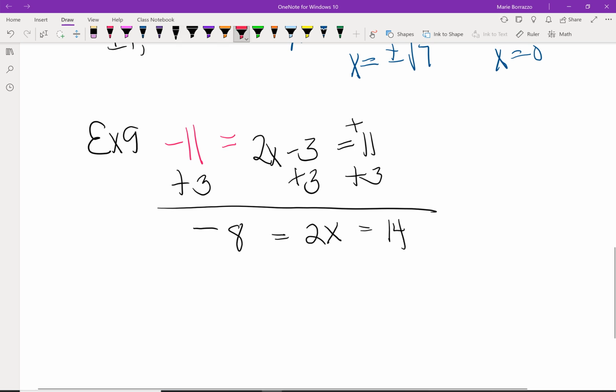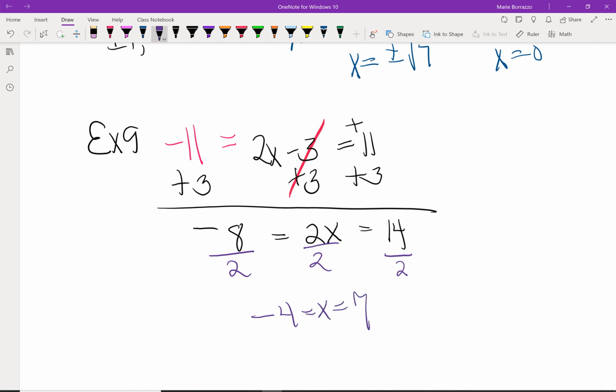Remember, the 3's do cancel right in the middle, right? Your next step is obviously you're going to divide by 2. So we're going to divide by 2 here in the middle, on the left and on the right, respectively. So you get your final answer where negative 4 is equal to x is equal to 7.